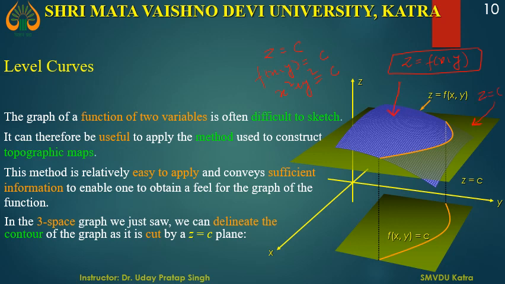It is a plane. If z equal to f of xy is cut by the plane z equal to c, then at the cutting portion we find this type of curve, right? This is a curve, and such a curve is known as a level curve, right?